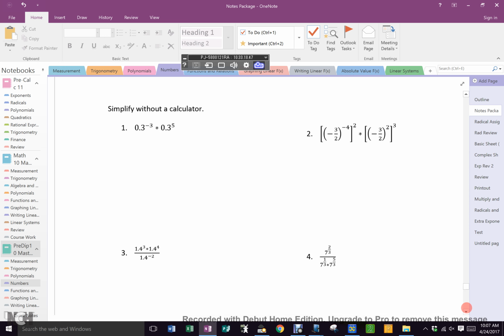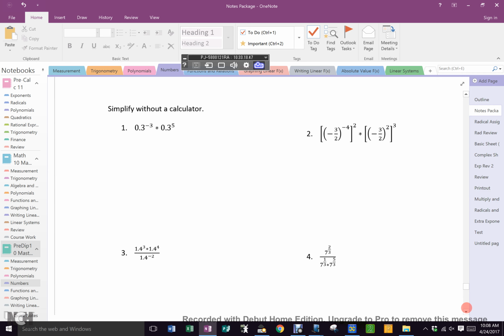All right. Now, the first four here look frightening. Why? Because they don't look like our notes. But the exponent stuff that we have just done is called an exponent law. Yes? Which means what? No matter what it looks like, it has to listen to the law.